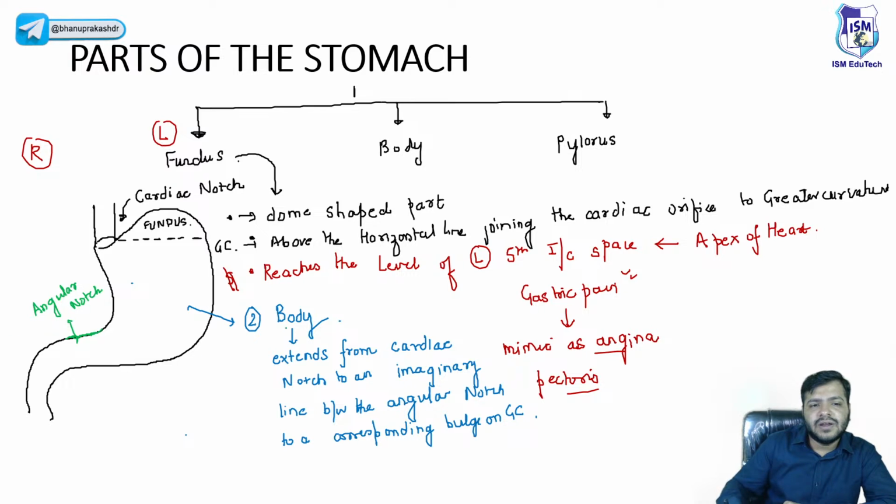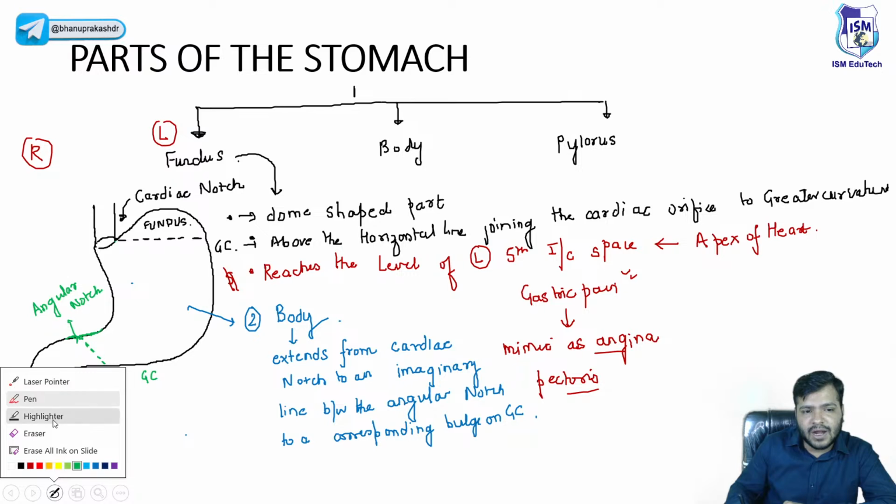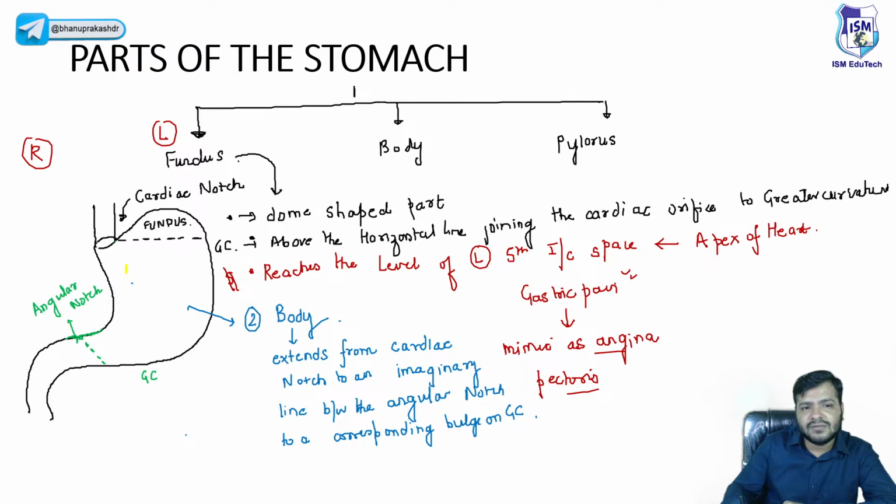So from the angular notch, beta, there is an imaginary line towards the lower end of the greater curvature. From the cardiac notch to the angular notch, and from the angular notch the line extending towards the greater curvature, this in-between part is called the body of the stomach.